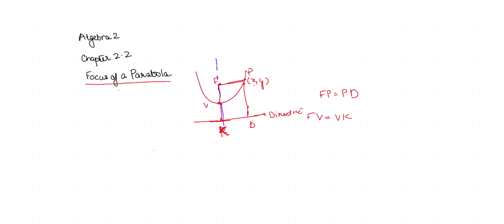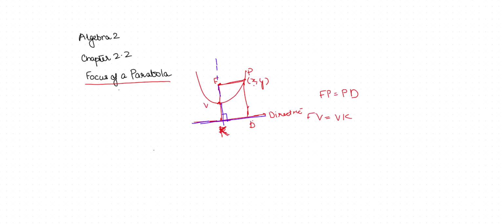Each part is a mirror image of the other. So the directrix is perpendicular to the axis of symmetry, and the focus lies on the axis of symmetry. Okay, so let's do some questions and then it will be more clear.